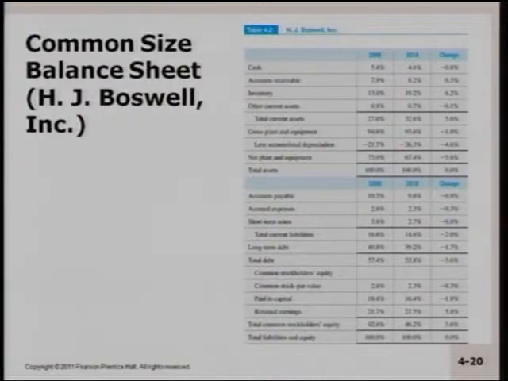And here 67%, so a decrease, so the business may sell some machines or equipment for some reasons.